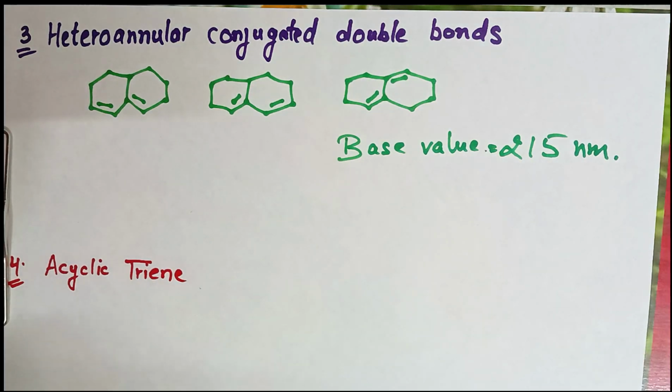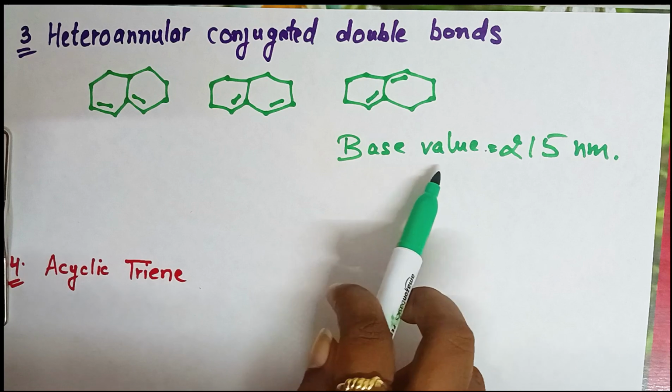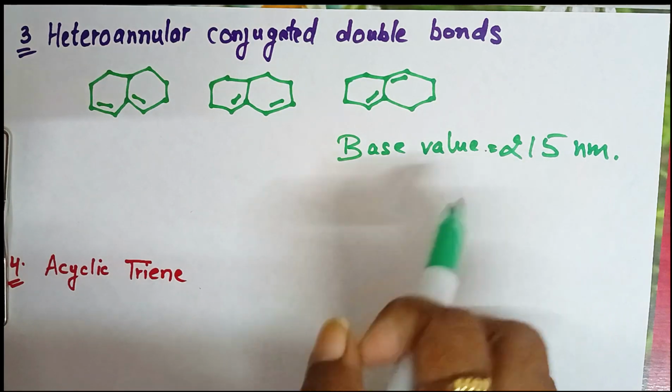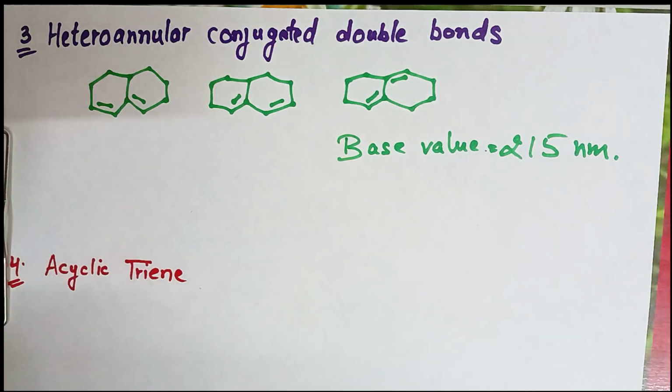So we have discussed the butadiene type of system, with a base value of 217 nanometers. In a homoannular conjugated double bond system, the base value will be 253 nanometers, and in heteroannular conjugated double bonds or heteroannular dienes like these, the base value is 215 nanometers.